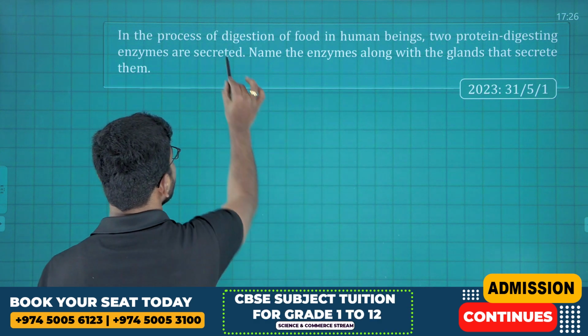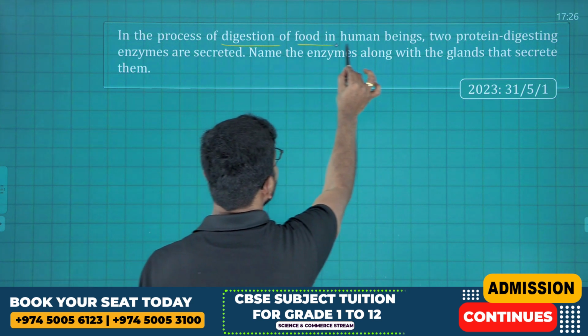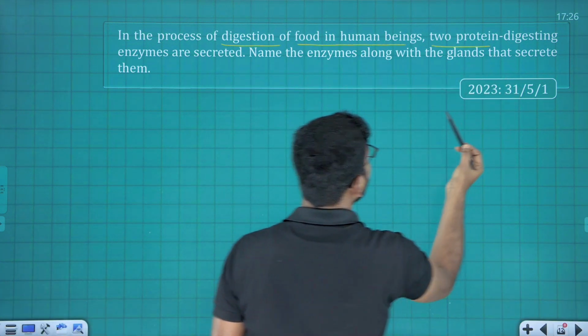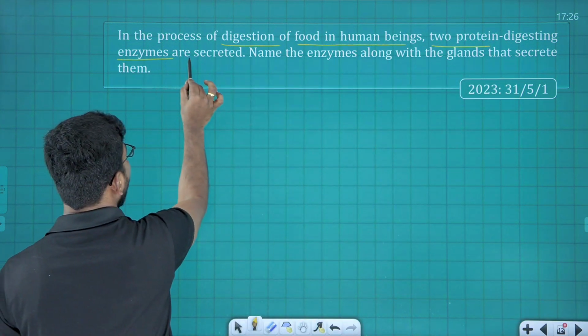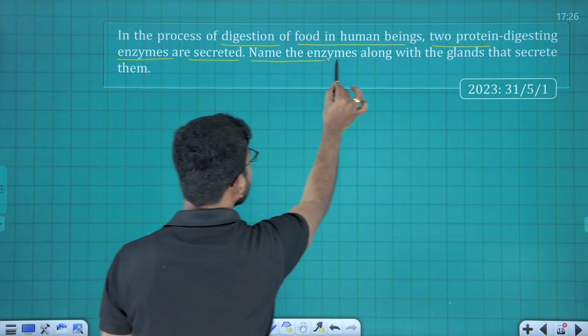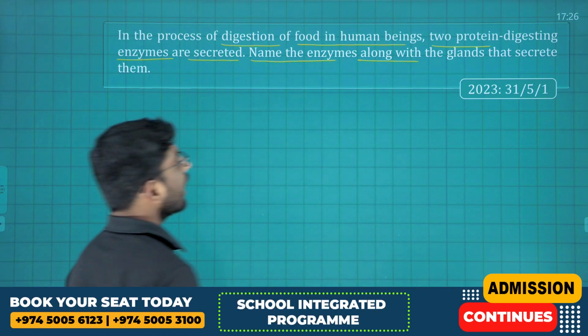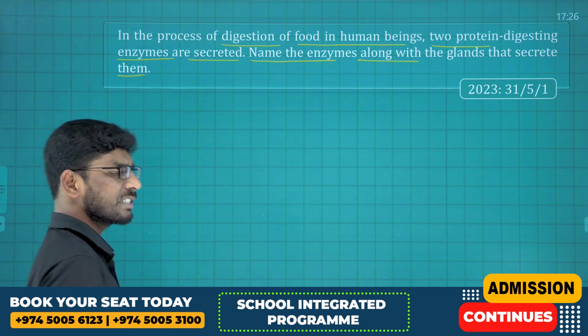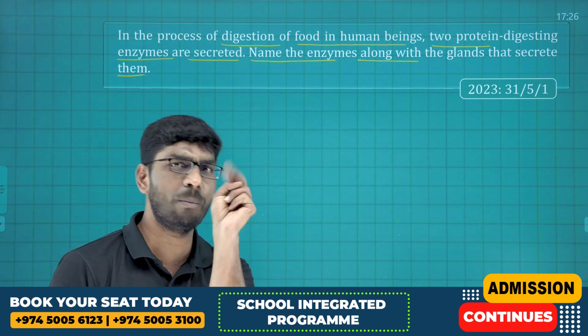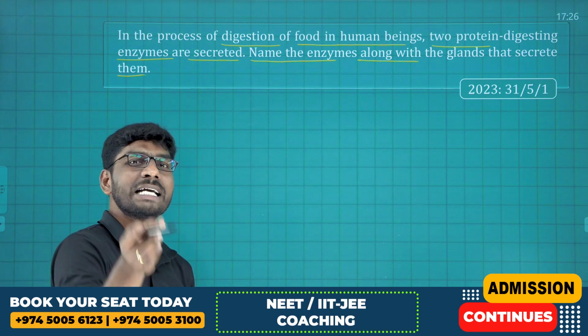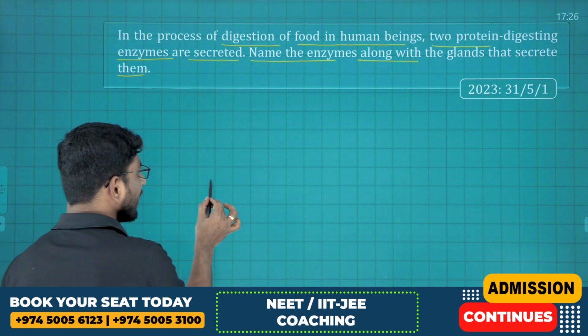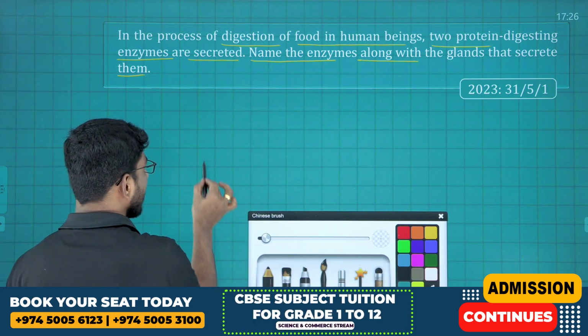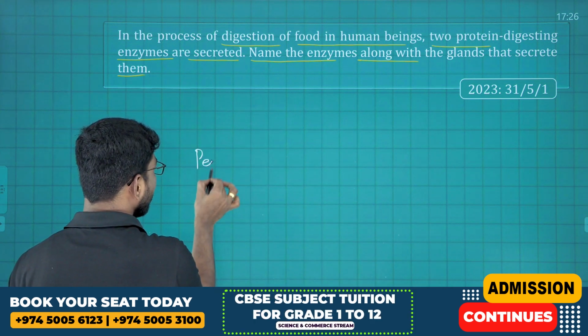Okay. Next question. 2023. In the process of digestion of food in human beings, 2 protein digesting enzymes are secreted. Name the enzymes along with the glands secreting them. They're asking a simple, easy, 2-mark question. First protein digesting enzyme: pepsin.